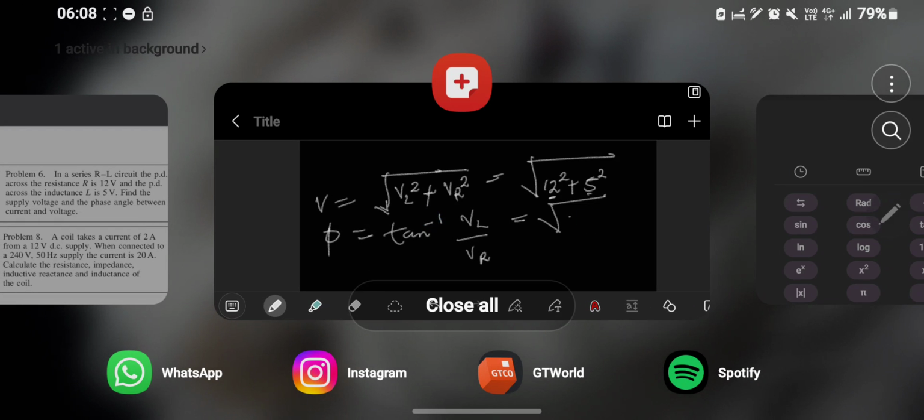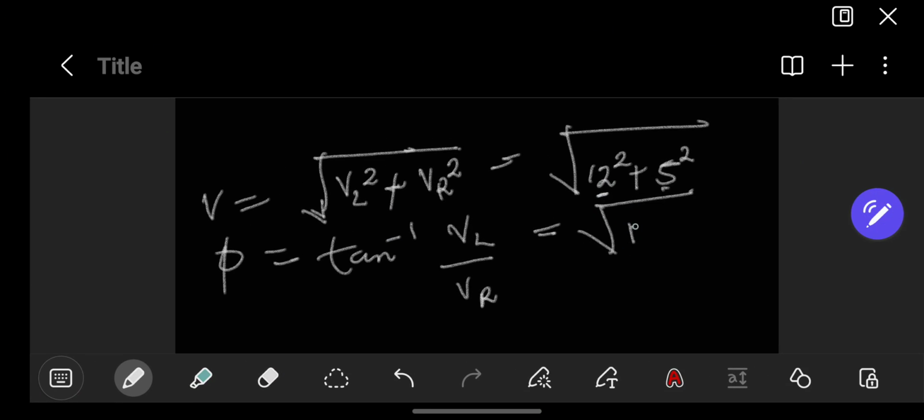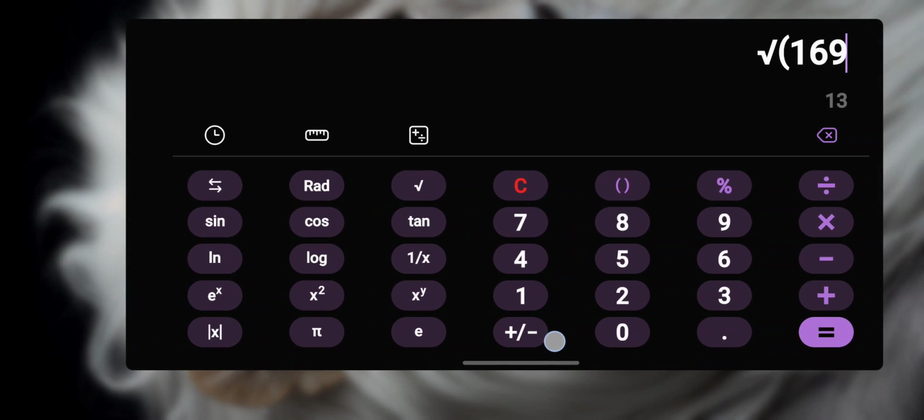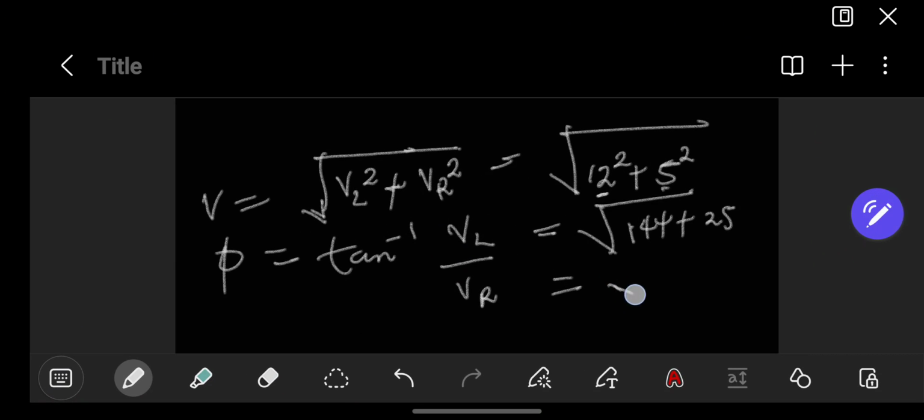So on our board we'll say 144 plus 25, which gives us 169. So the square root of 169 is 13. So this gives us 13 volts. Sorry, let's just rewrite this.